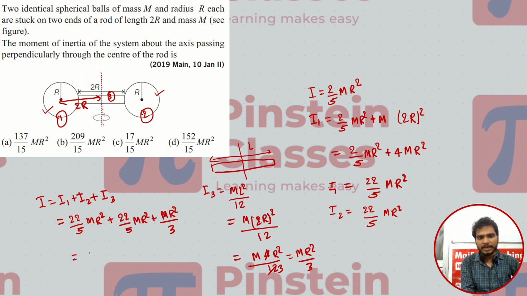We will take the LCM. So this will be 44 upon 5 mr square plus mr square upon 3. When you take the LCM, this will become 15, 5 times 3, 44 times 3.